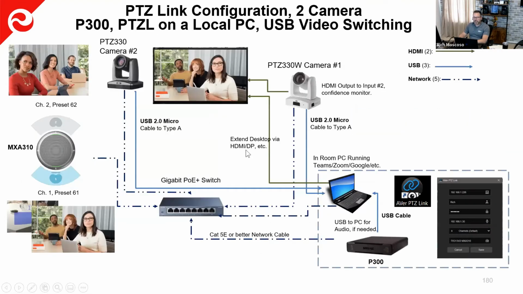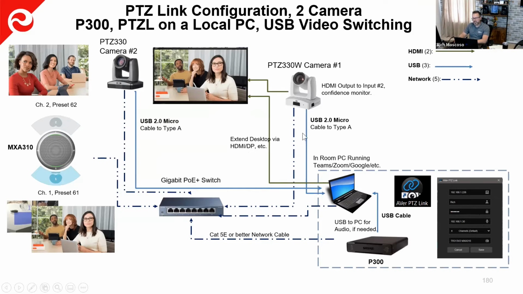So here's one option, right? You have a 2-camera setup. Again, cameras are networked, and then the USB feeds, or connections I should say, would go to that technology in the room, but also the PTZ Link software would have to be installed on that same technology. And that's because it needs to see these USB streams at one time.